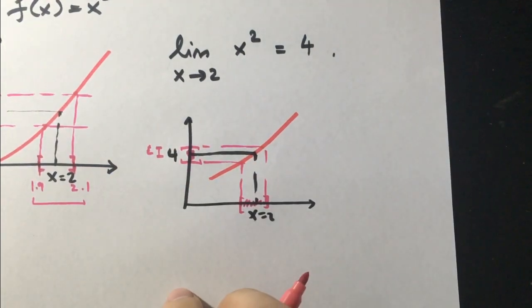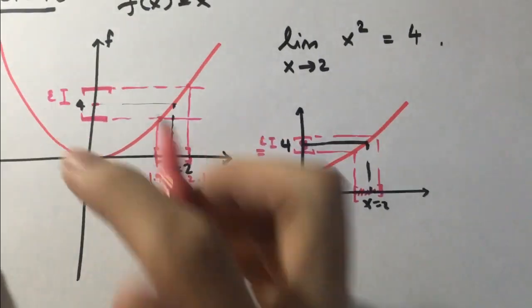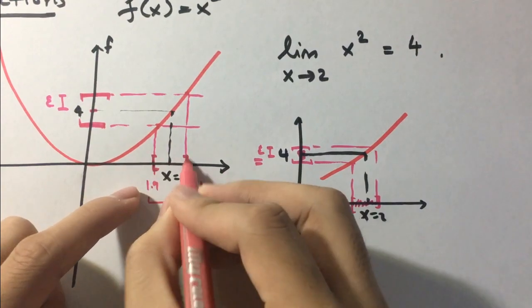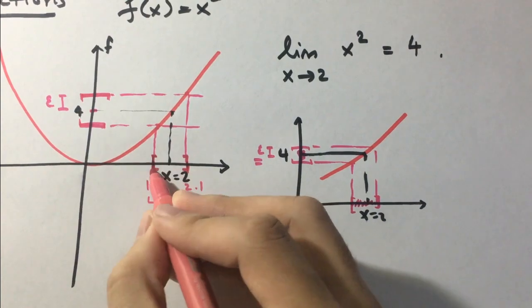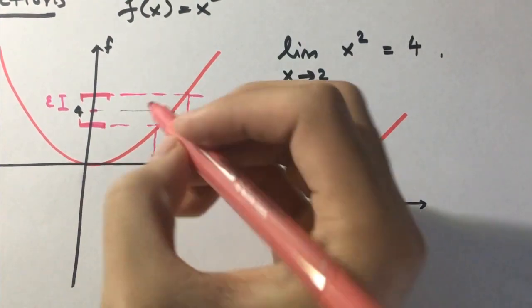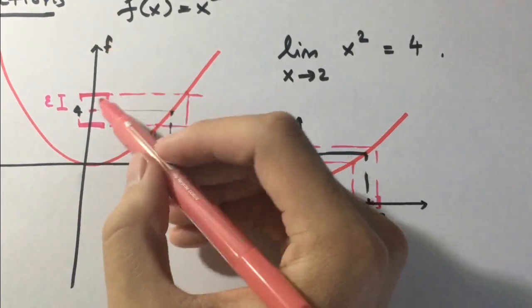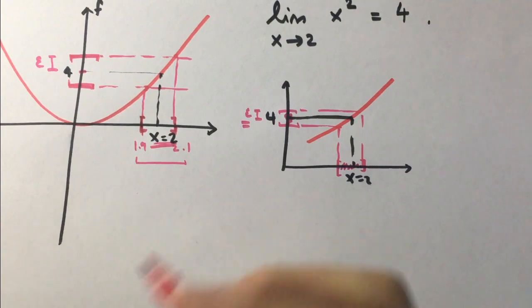It doesn't matter how small our epsilon is, how small we squeeze this box to be, I can always find a box on the x-axis, a set of numbers covering our point x equals 2, where all of these numbers, when passed into the function, will still be within epsilon. So I can write this out more rigorously.